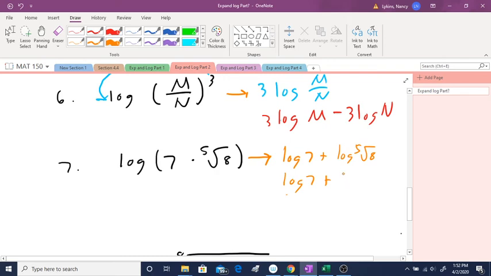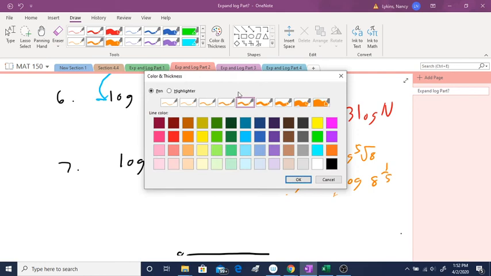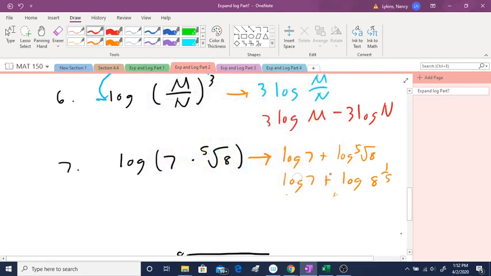But what I can do is make that 8 have an exponent by using that 5th root and make it 1/5. Finally, I can bring that 1/5 down. I have log 7 plus 1/5 log 8.